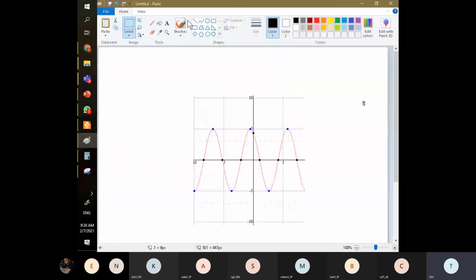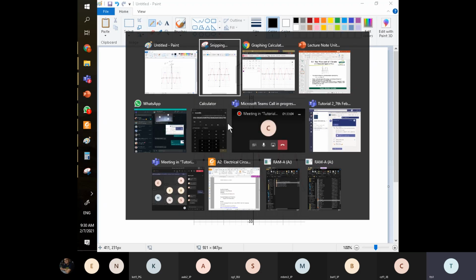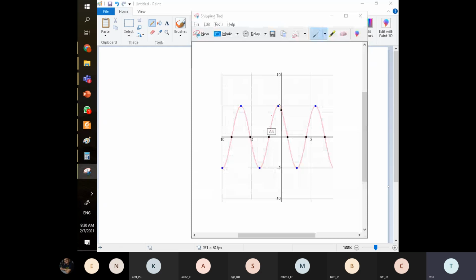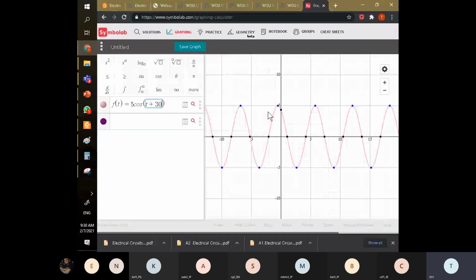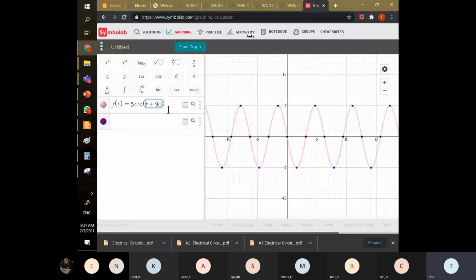This is the center point. From here to here is plus 30 degree to the left. That means this is the past, and this is the future. So you shift plus 30 to the left-hand side. If you plus 90, you're going to move further left.